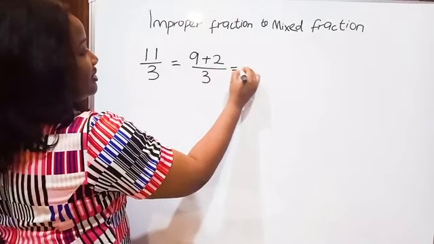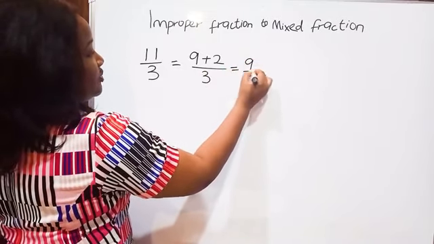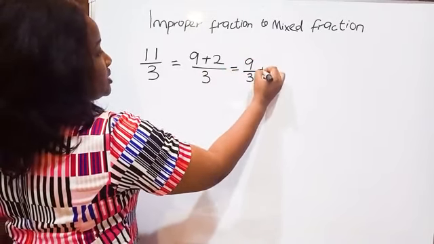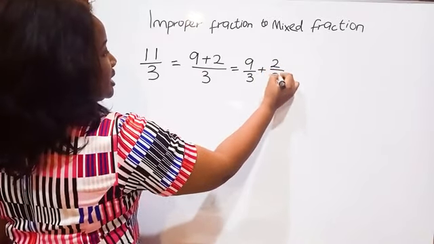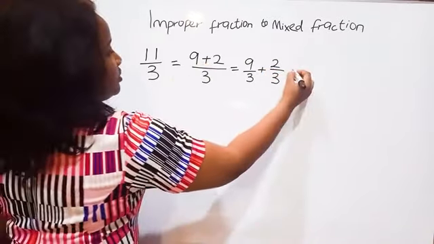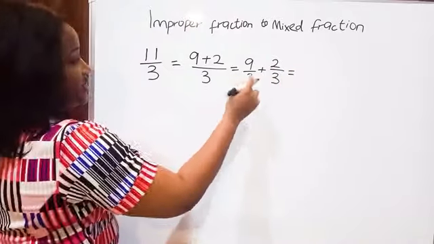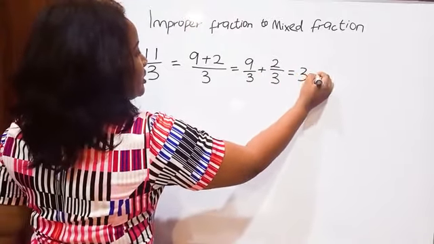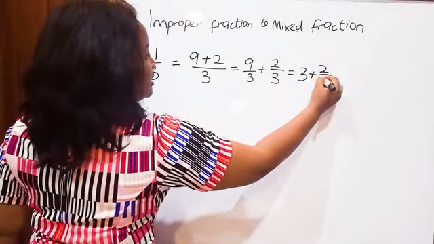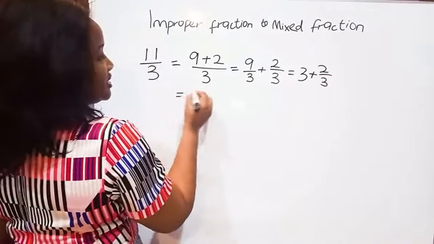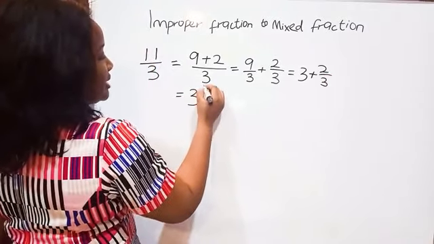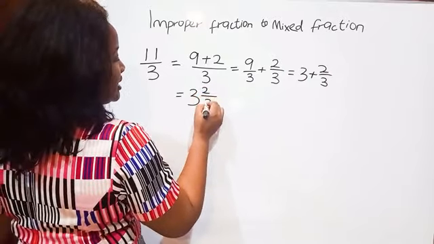So you have 9 over 3 plus 2 over 3, which will give us 9 over 3 is 3 plus 2 over 3, which gives us 3 whole number, 2 over 3.